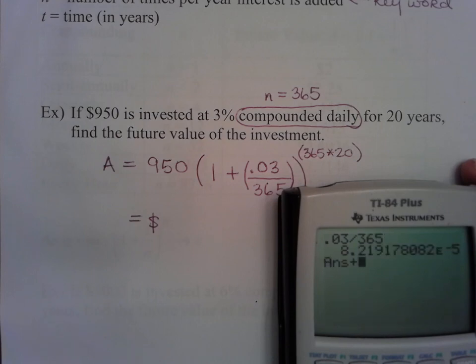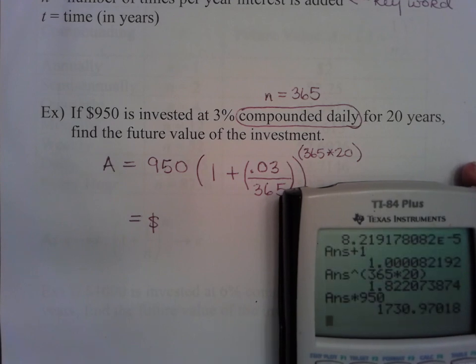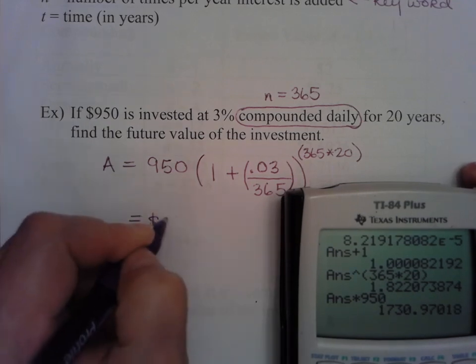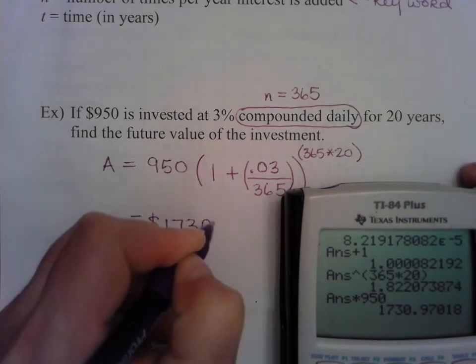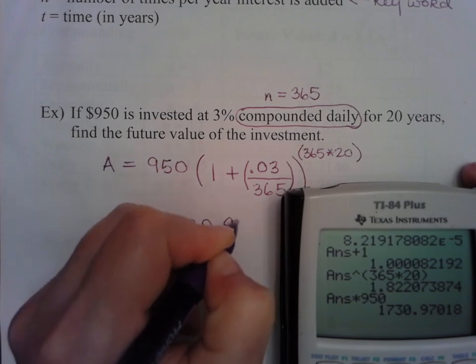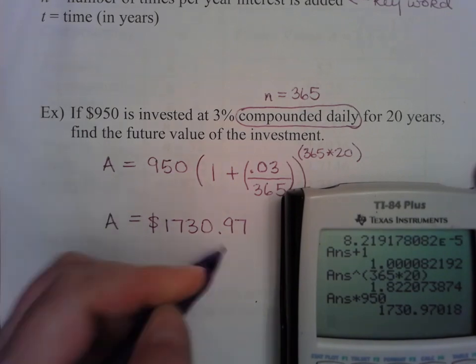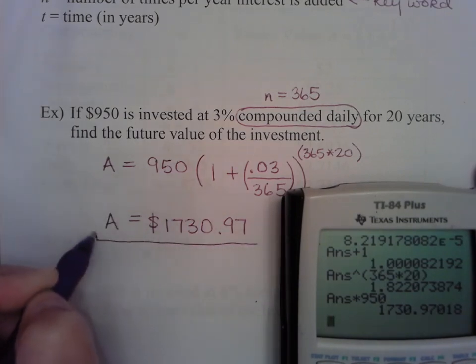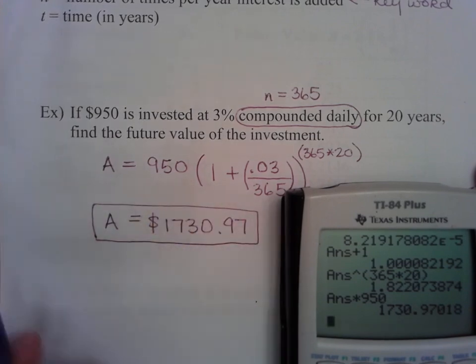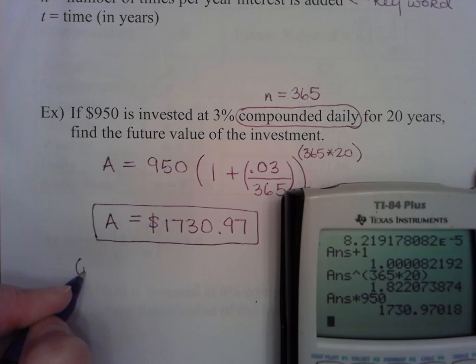I leave that in my calculator, add 1, and then raise it to the 365 times 20 power, and then multiply it by 950. It's definitely not the only way to go about this, but that is one way you can do this calculation without having to round somewhere in the middle. It's always a good idea to try not to round until the very end. And notice for all of these, we're going to round to the penny.